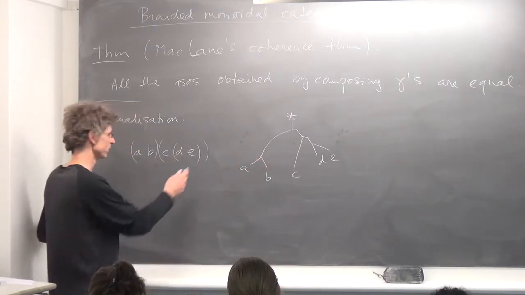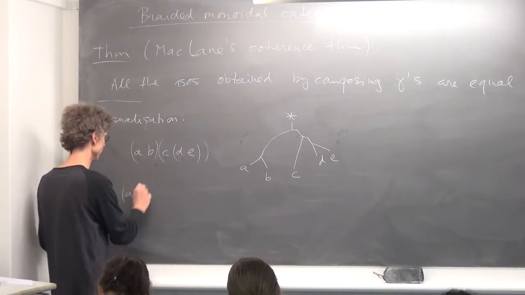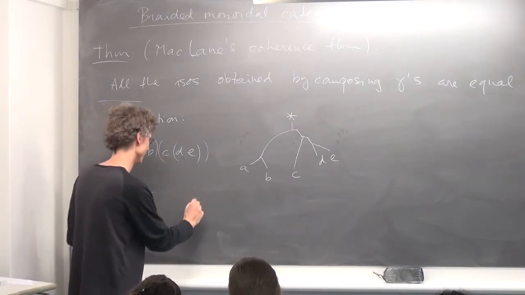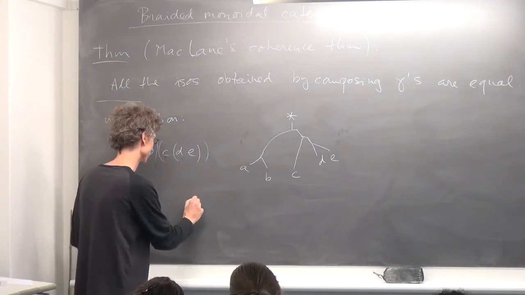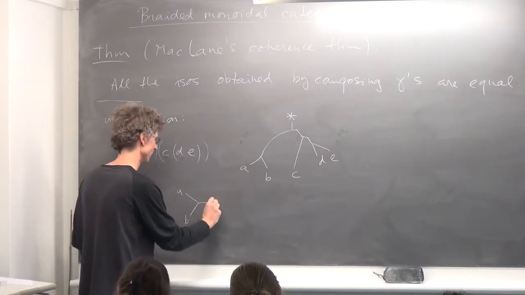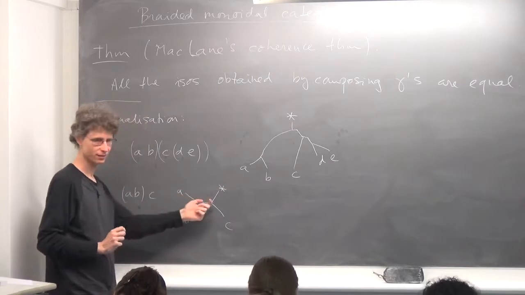So say the simplest thing would probably be A, B, C, this thingy. This would be something like A, B, C, star, that thing.